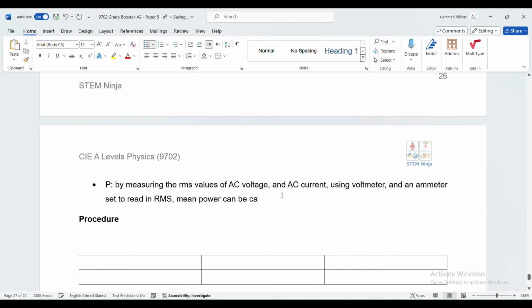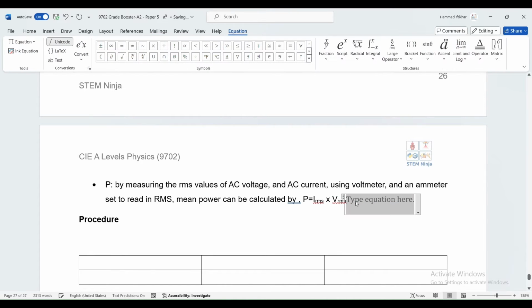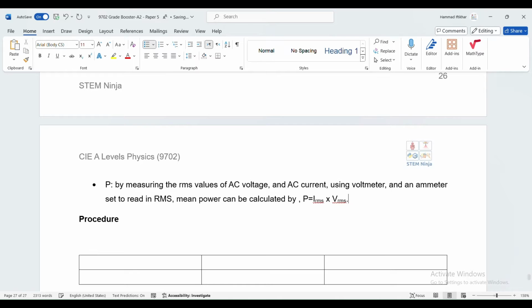Mean power is calculated by P is equal to IRMS times VRMS, with RMS in subscript. Okay, this is for the power.